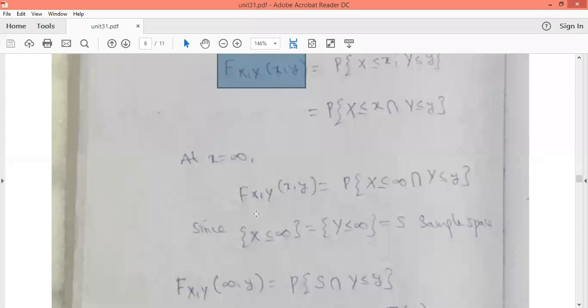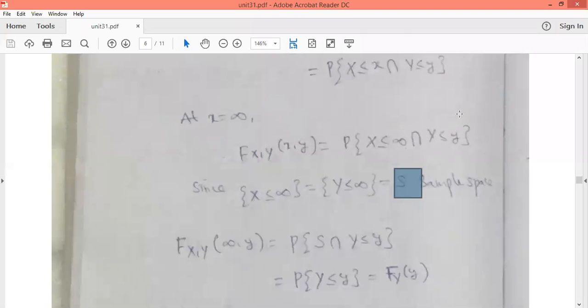Okay, now what is x less than or equal to infinity? X less than or equal to infinity is nothing but the sample space. It will have all the elements. Okay, so it is S intersection y less than or equal to y. Now you know that any event intersection with the sample space will give us the same event.